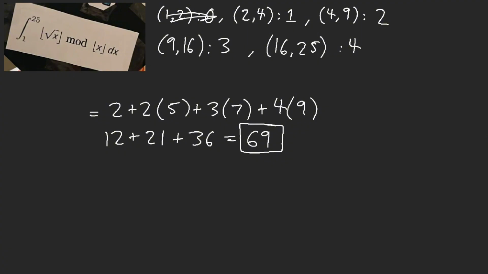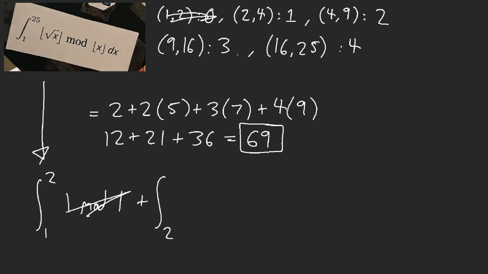But naturally, the normal way to solve this is you go from 1 to 2, and you test out, okay, between the interval 1 to 2, 1 mod 1 is 0, and then you just continue, 2 to 4, right? If I plug in, it's always going to be 1 mod 2, 3, right?